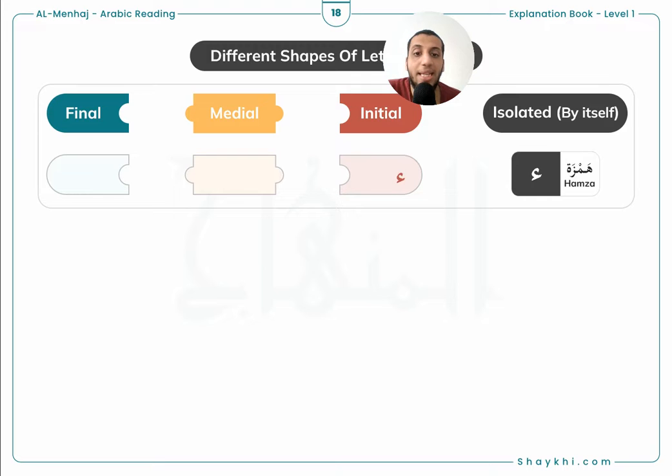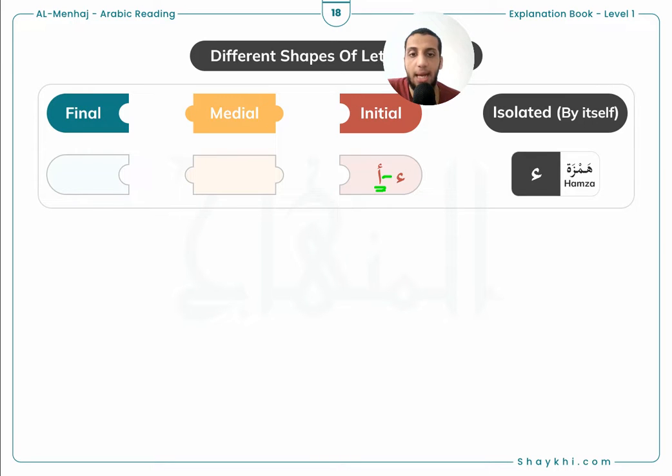So this is one of the initial forms of the letter Hamza when it comes by itself, as you can see here. And the other shape, this one, comes above the alif. As you can see, this is alif and this is Hamza. This is an important point, because a lot of students deal with this shape as alif, and this is completely wrong.